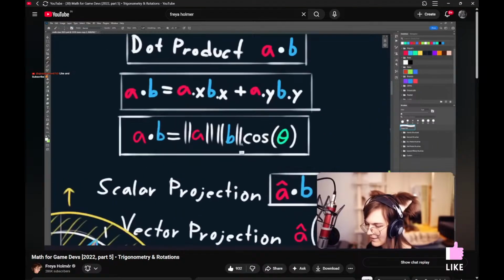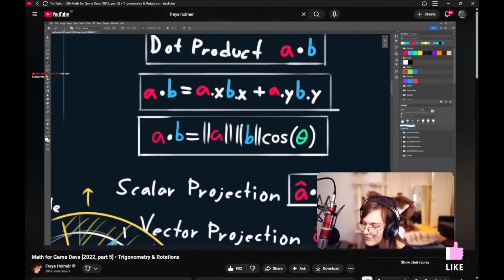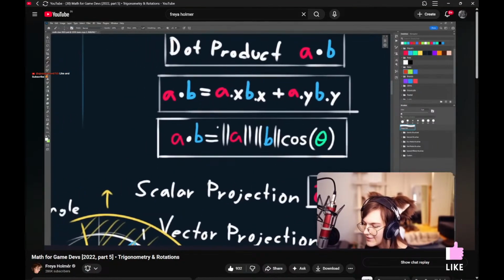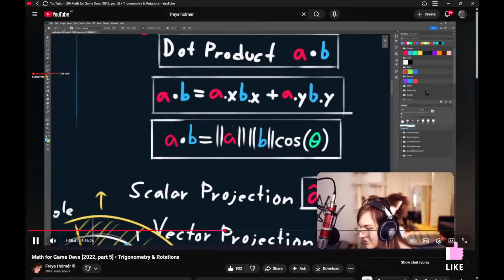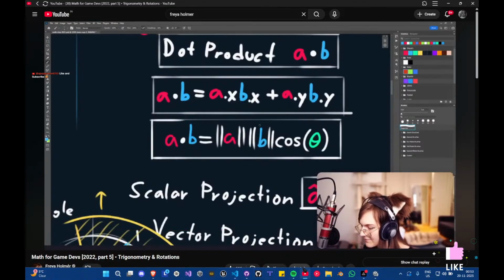The reason we can use it to get the angle is that if A and B are unit vectors, in other words, they're normalized, so we have these hats on top of them, then they just have a length of 1. So this is 1 multiplied by 1, and that's the identity multiplication value, so it just does nothing.